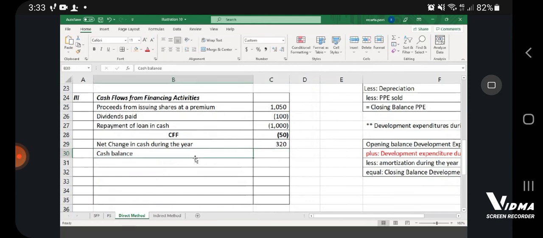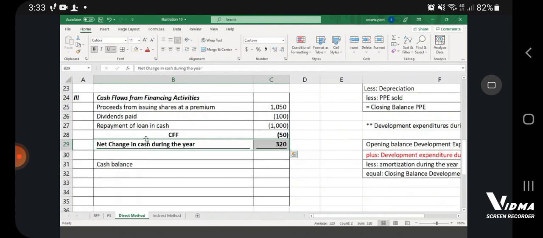So that means that the total sum of the cash flow statement is this one over here, net change in cash. The sum of the three items together, operating, investing, and financing. Does that comply with the change in cash? Let's see. Cash opening balance and cash closing balance.